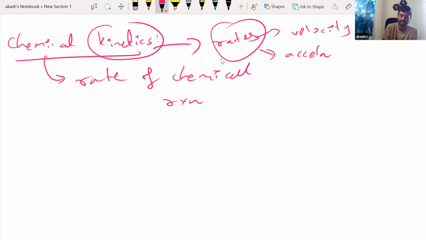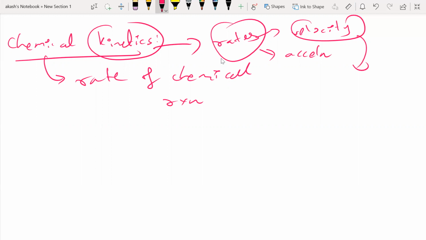How do we define velocity? Velocity is dx by dt. That is the formula. How do you define velocity?